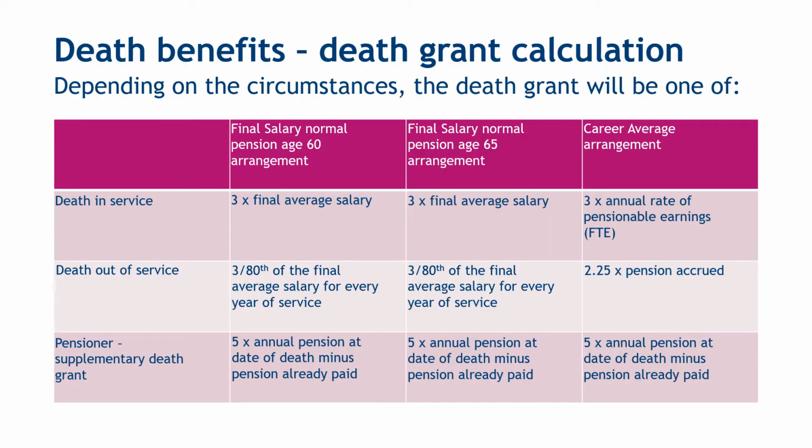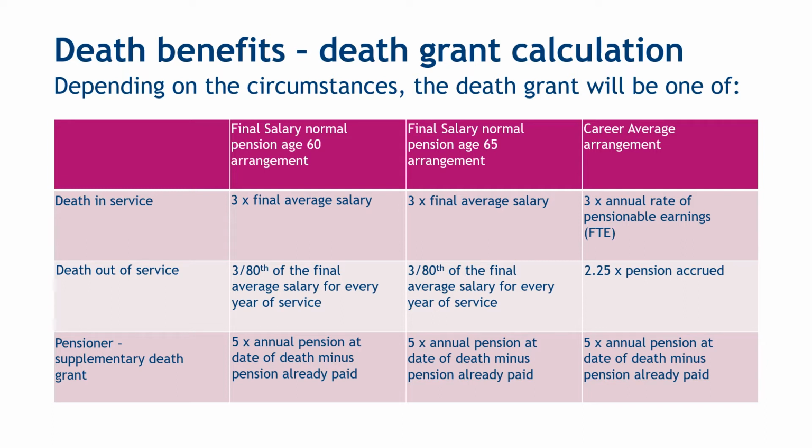There are 3 situations on when we will pay a death grant. There's death in service, which will pay either 3 times the final average salary if the member is in the final salary scheme, or 3 times the annual rate of pensionable earnings if they're in the career average scheme.